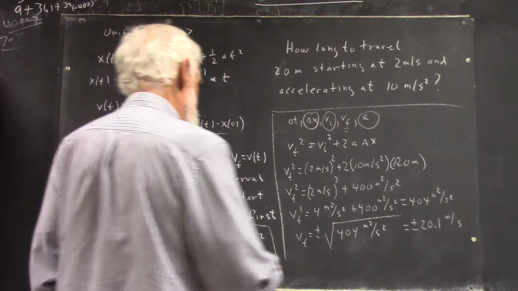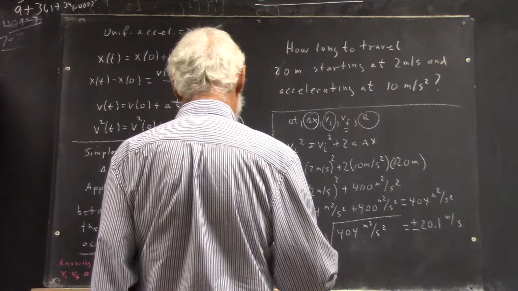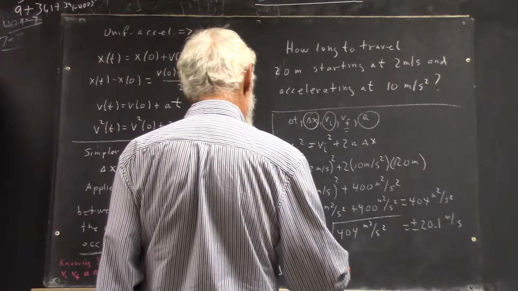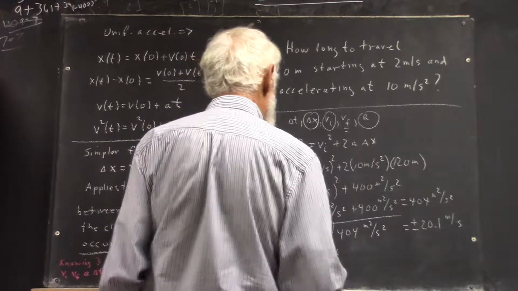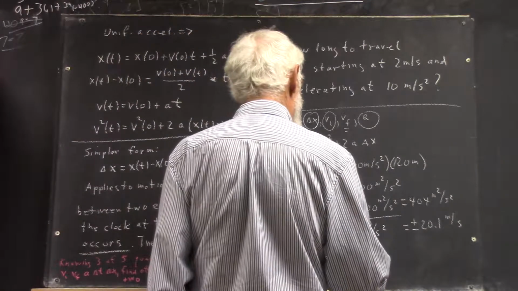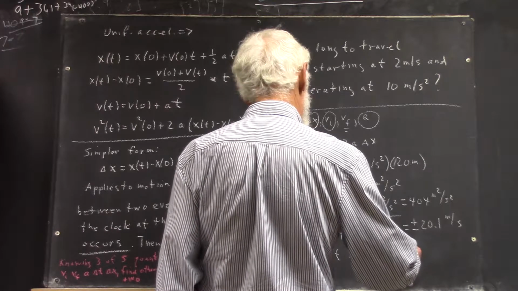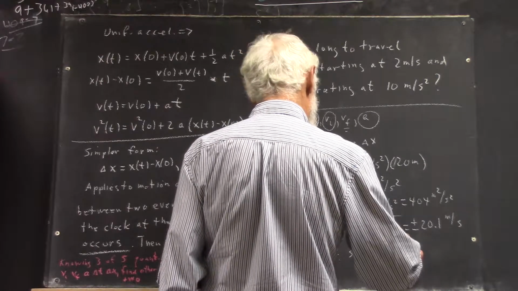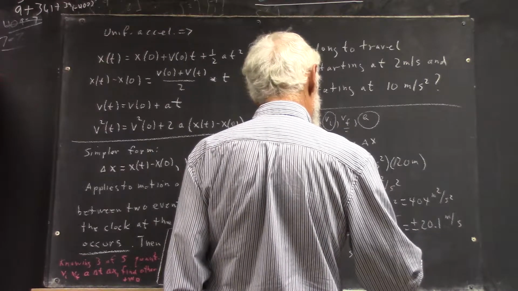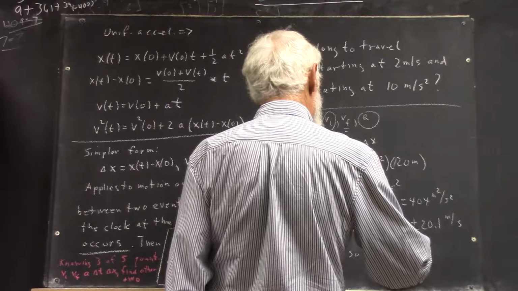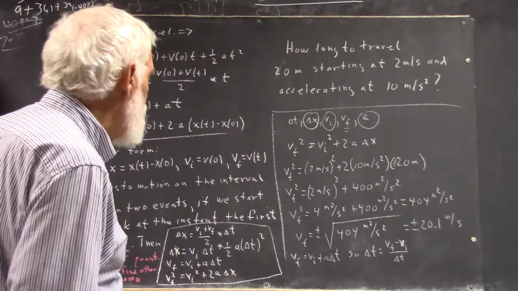So you know that VF equals VI plus A delta T.